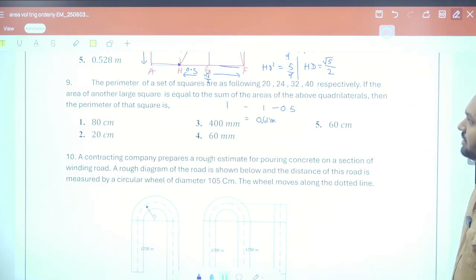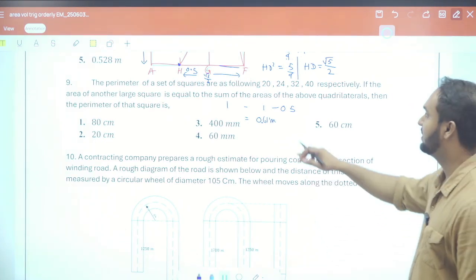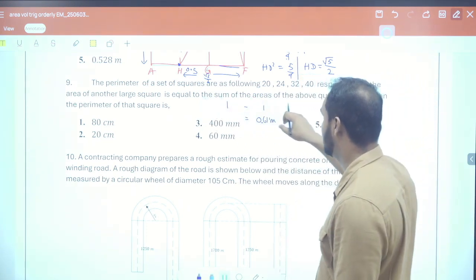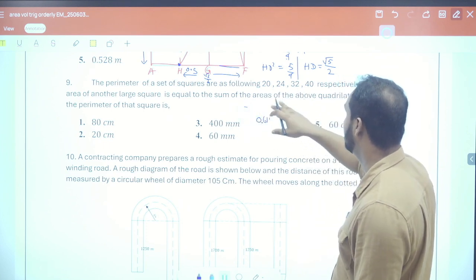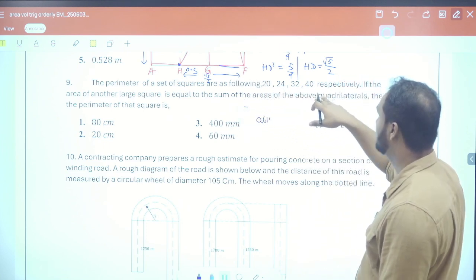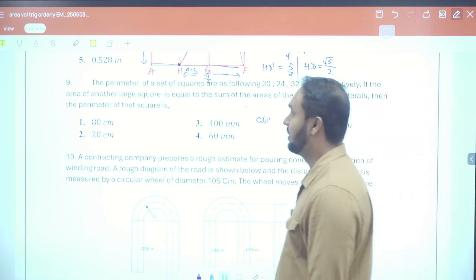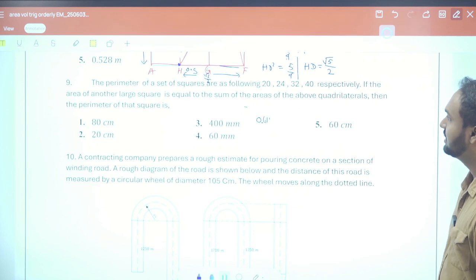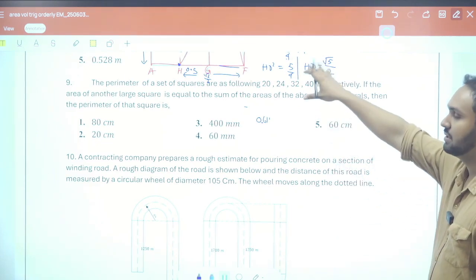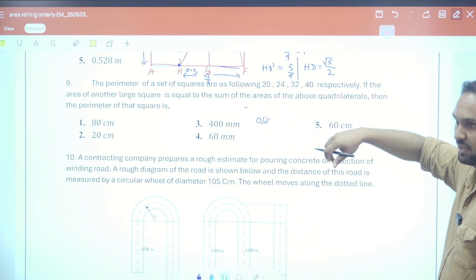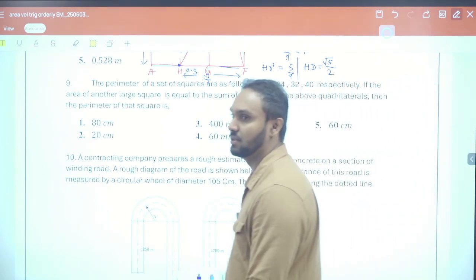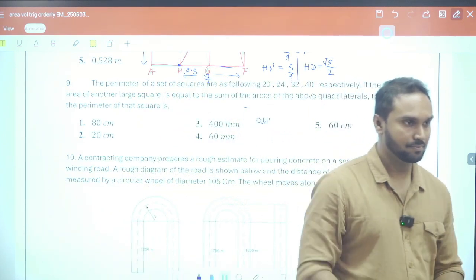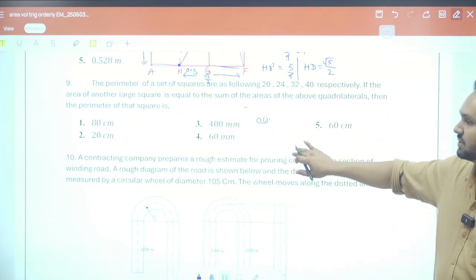If the area of another large square is equal to the sum of the areas of the above squares, then the perimeter of that square is? So there are 4 squares with perimeters 20, 24, 32, 40. And there's one large square whose area is equal to the sum of the areas of these squares, and they are asking to find the perimeter of the large square.